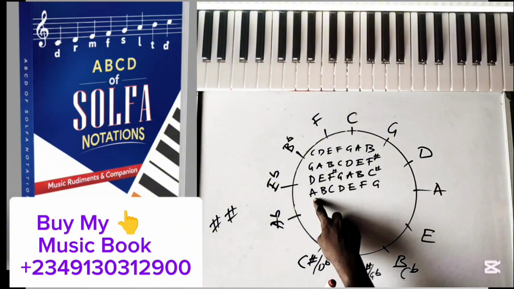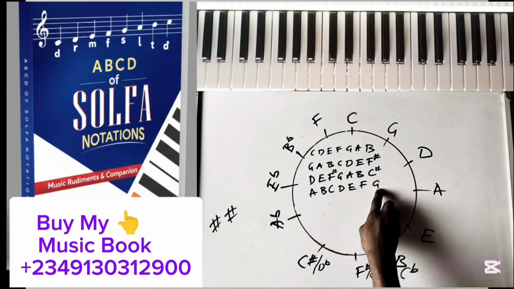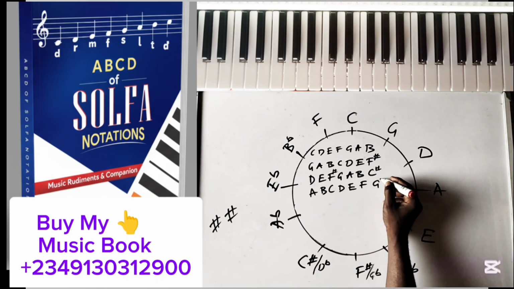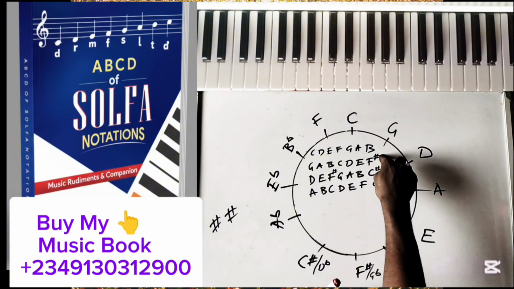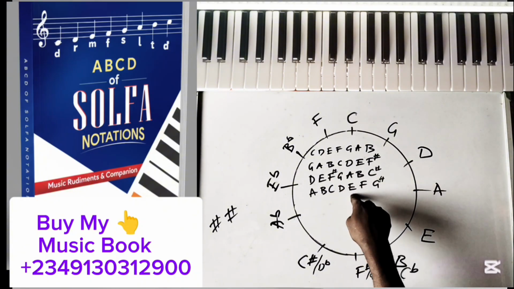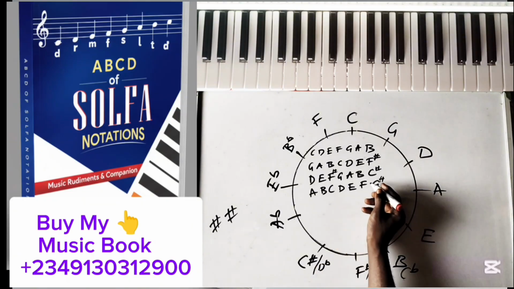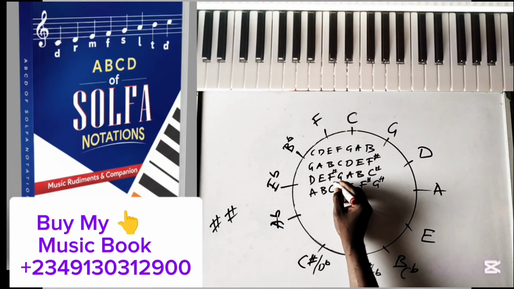The seventh note of A is G. It is sharpened, G sharp. Then these two you include as well, so F is sharpened and C is sharpened.